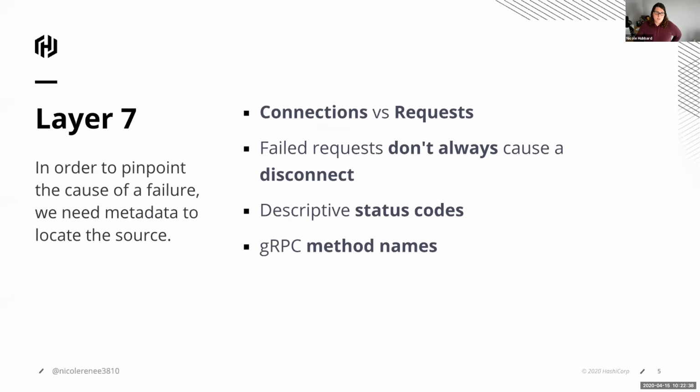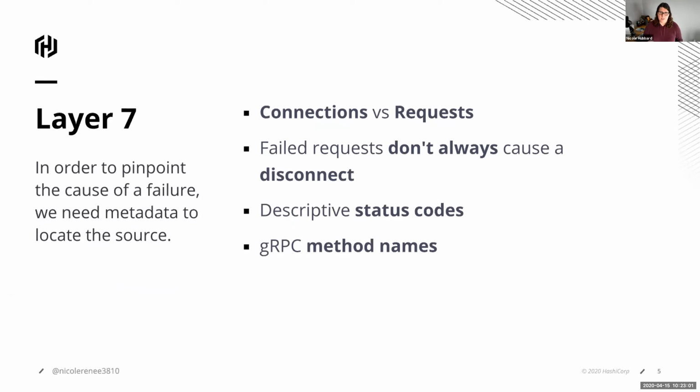Just to go into a little detail on layer 7, there's connections and requests. With the Envoy proxy that's running, your connection gets opened between the proxies and then that connection is left open. It's not reestablished every single time for every call. The different requests will flow over that existing connection.